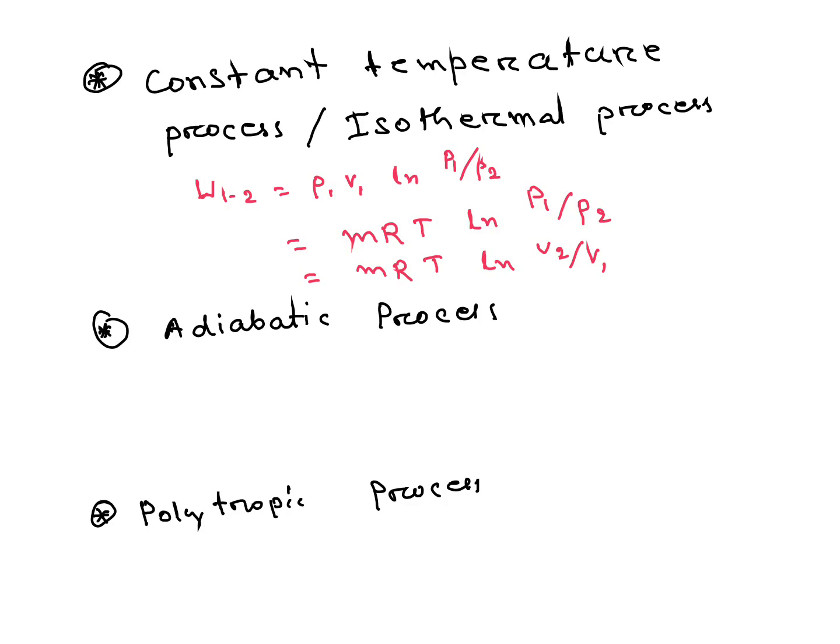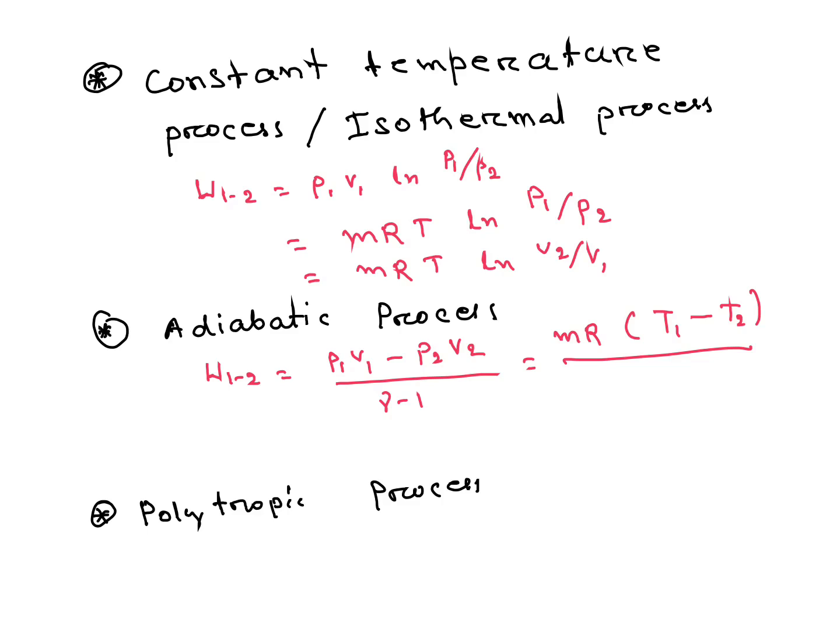And for adiabatic process or isentropic process, W12 equal to P1 V1 minus P2 V2 divided by gamma minus 1, or MR(T1 minus T2) divided by gamma minus 1.